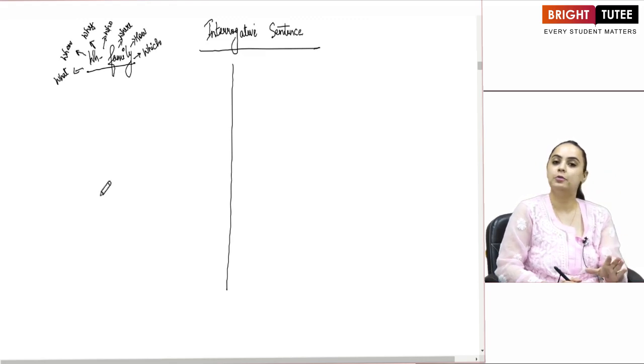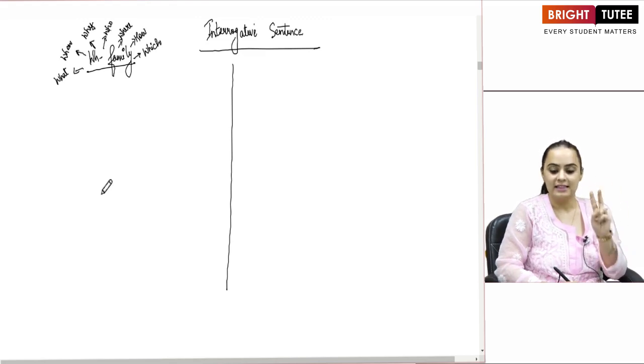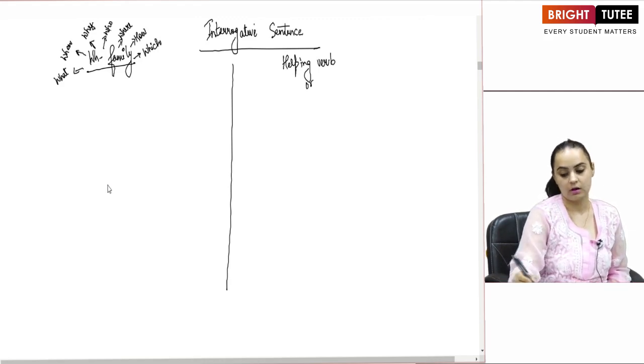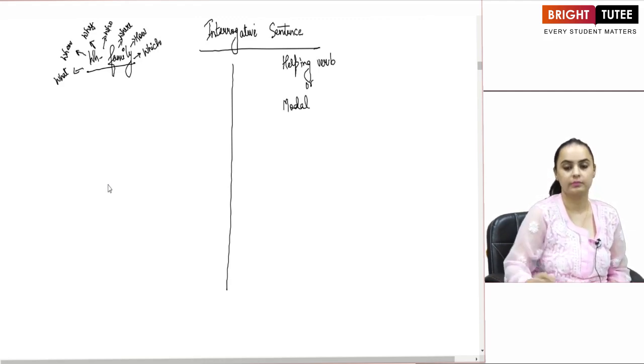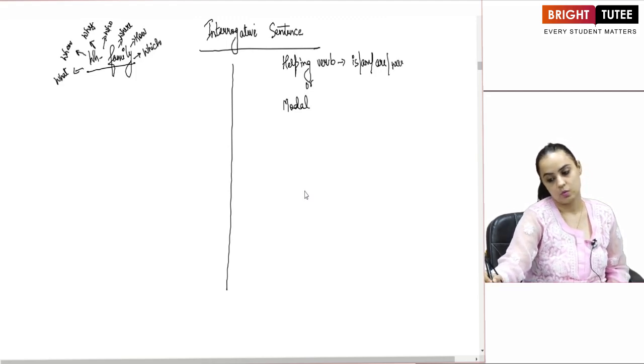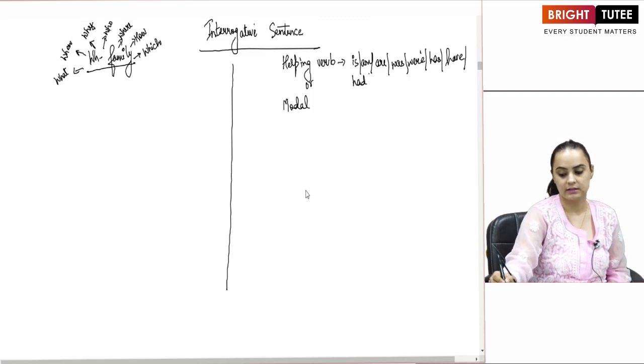One type of interrogative sentences are those that begin with a WH family word, and the second type are those which begin with either a helping verb or a modal verb. Now, what are my helping verbs? Words like is, am, are, was, were, has, have, had, do, will.